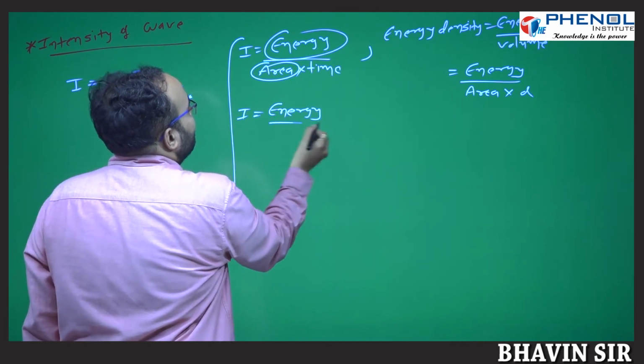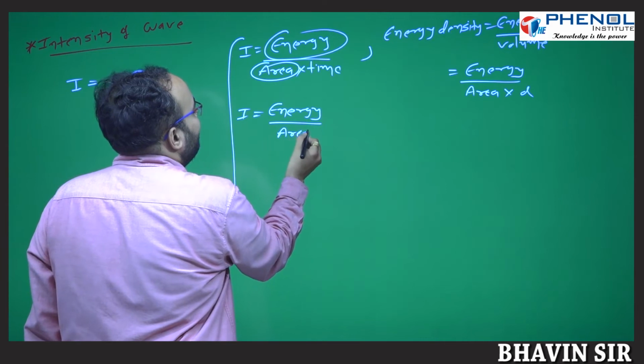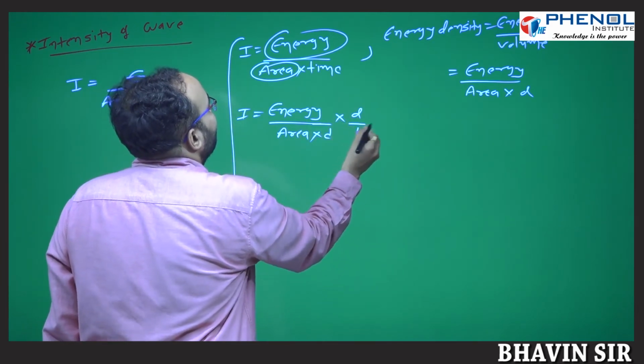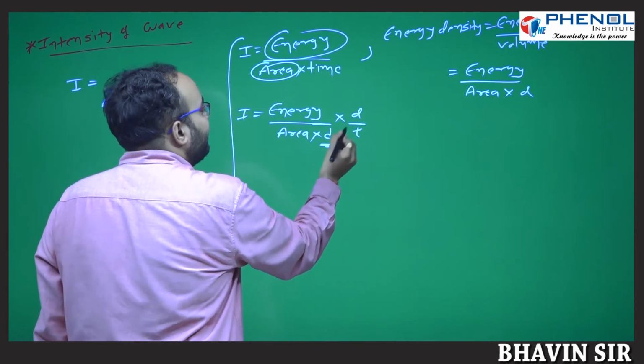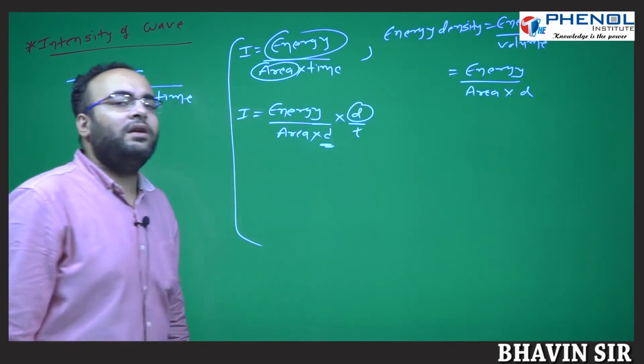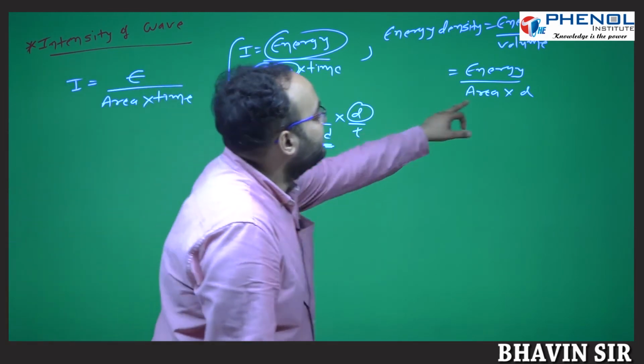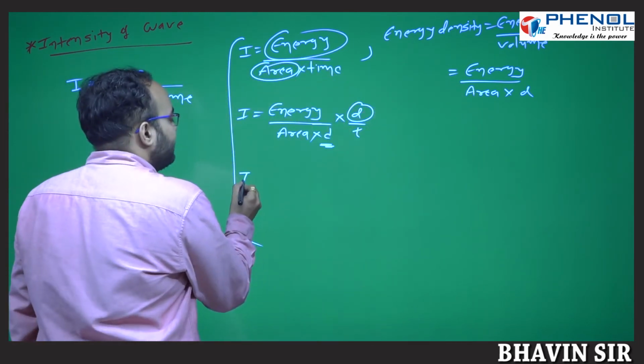So energy by area, we divide and multiply by distance. See, we divide and multiply by what? Distance. So now energy upon area into distance is what? Energy density.